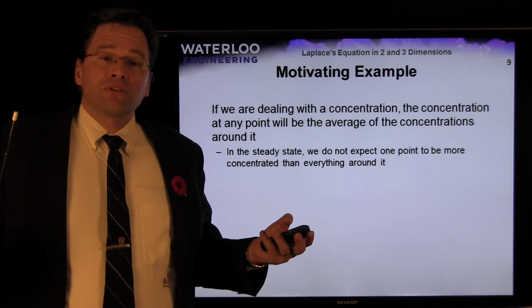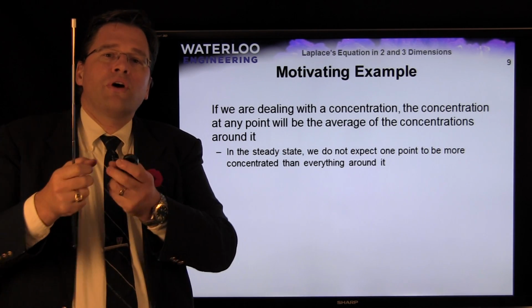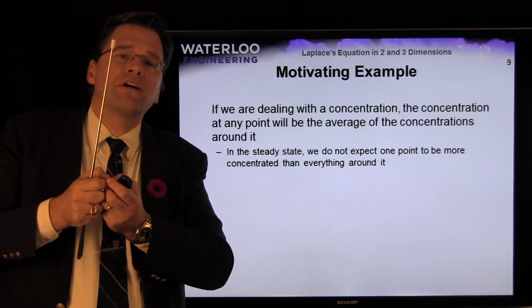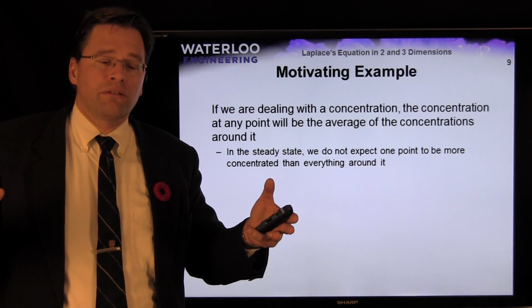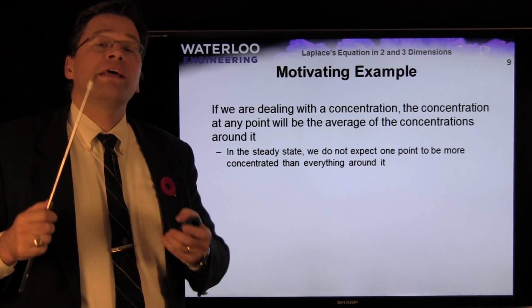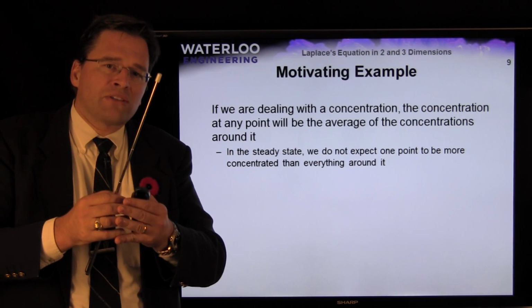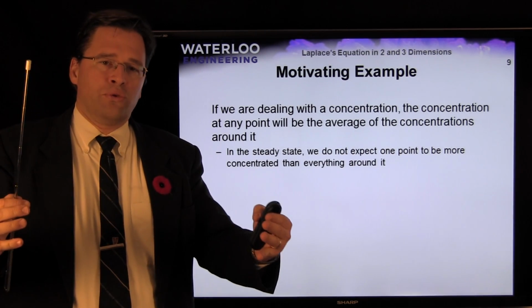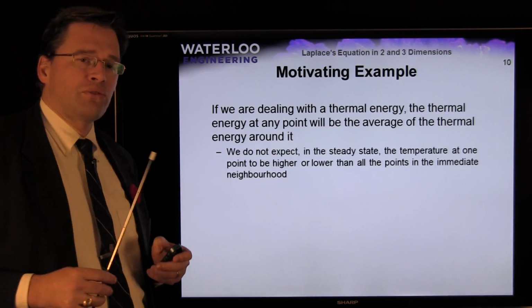If we have concentrations inside a solution, if it is in steady state, we do not expect a region of higher concentration anywhere in the solution where that concentration is higher than everything else around it. If it was in steady state, that wouldn't happen, because if there is higher concentration, we expect it to diffuse out. So there cannot be any region of higher concentration.